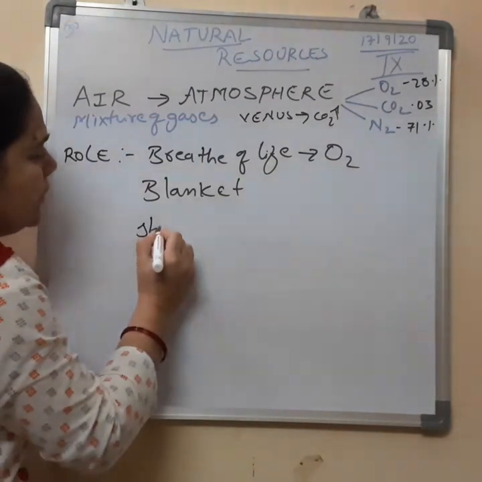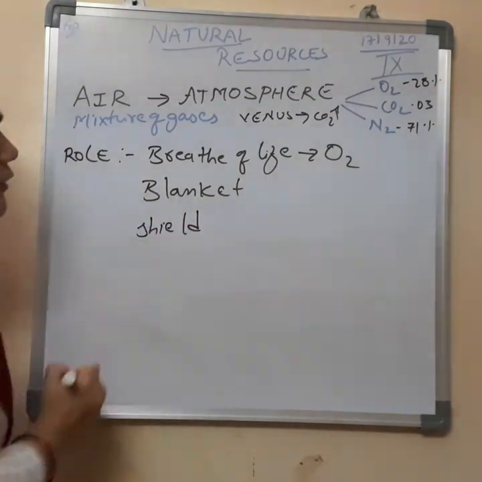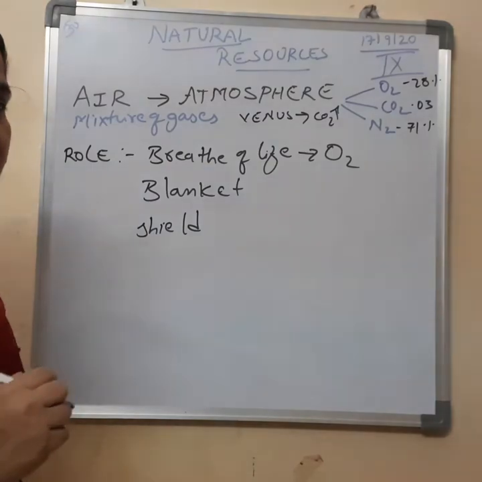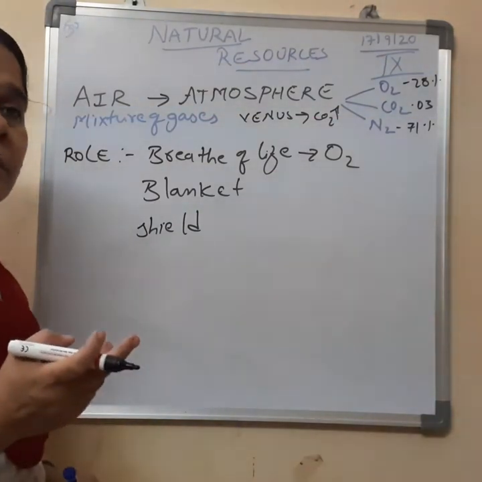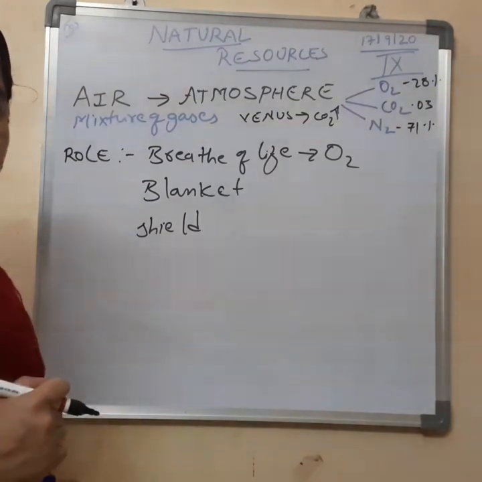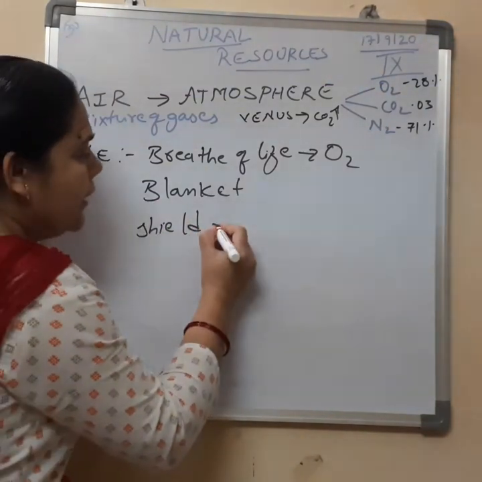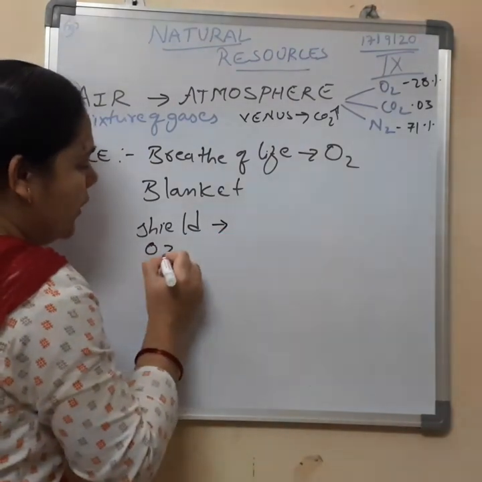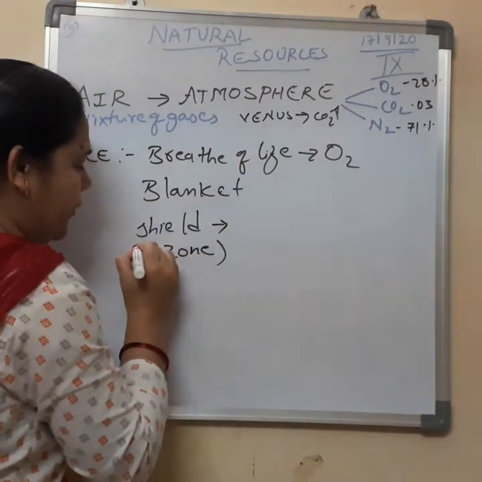Then coming to another important role, it is acting like what, children? Shield. What is this shield? As I said, during daytime, since the sun is there, the temperature of the earth does not rise very high. What is the reason? Because the earth has a special layer which is called the ozone layer. You all have heard it.